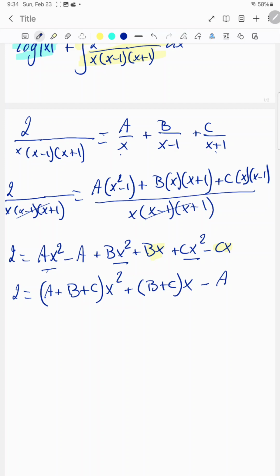Okay? So if I look a plus b plus c times x squared on the left-hand side, I don't have any x squared on the right-hand side. That means my a plus b plus c is equal to 0.